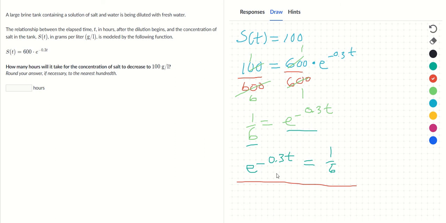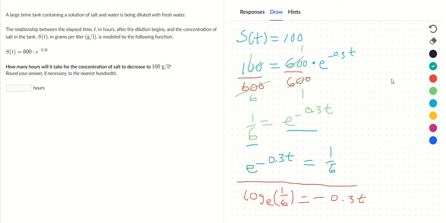So logarithm base e of 1/6 equals negative 0.3 t. Once you have that, you need to remember that the logarithm base e is the same as the natural logarithm.